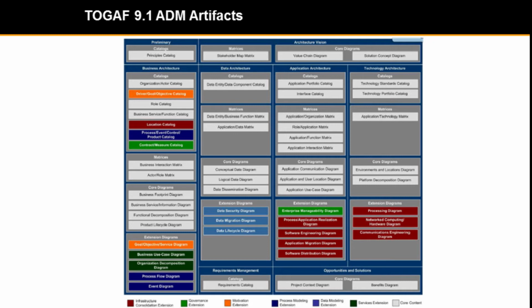In this list, depending on who you are and what your role is, if you play on the business side of things, then you are basically a stakeholder in this area, and you're going to be concerned with all of these different artifacts.